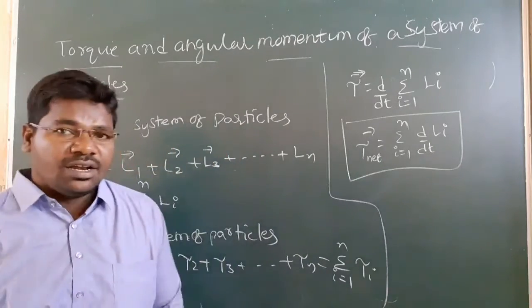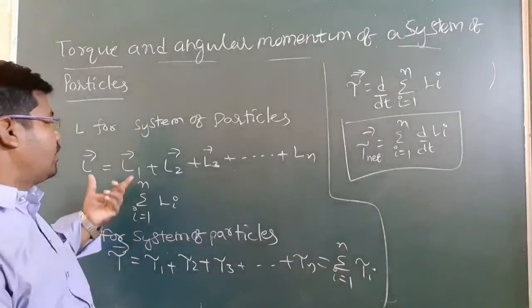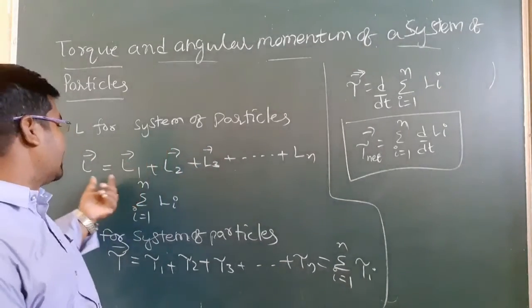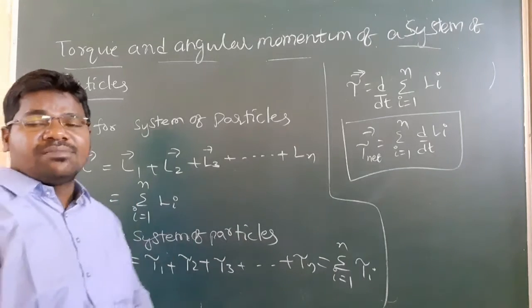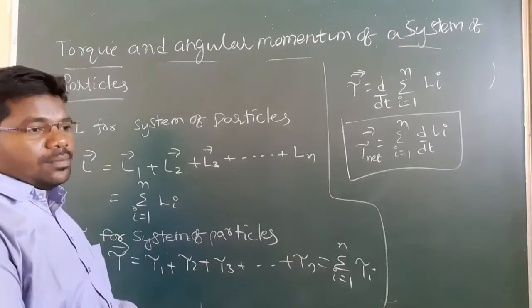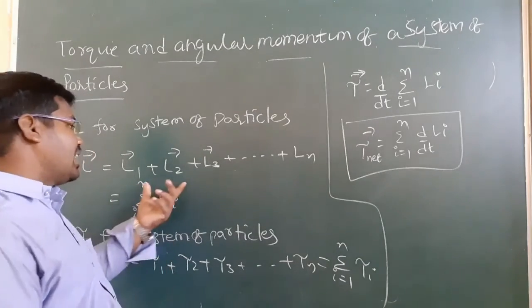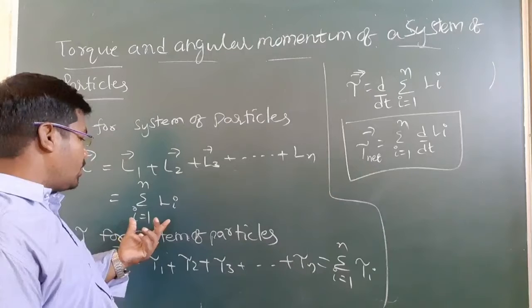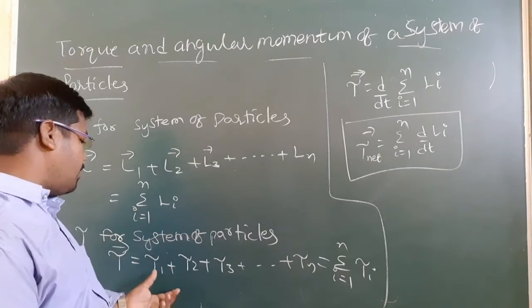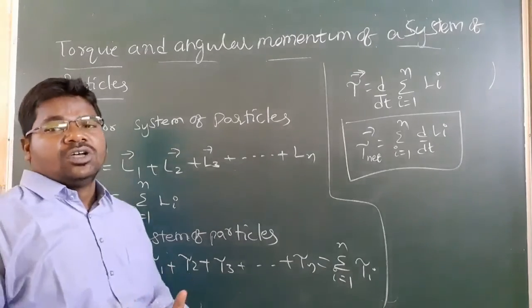Once again, for angular momentum of different particles, meaning a group or system of particles, the total angular momentum is the sum of the individual angular momenta. The total summation we have to take like that. For torque of a system of particles, individual torques we can add.